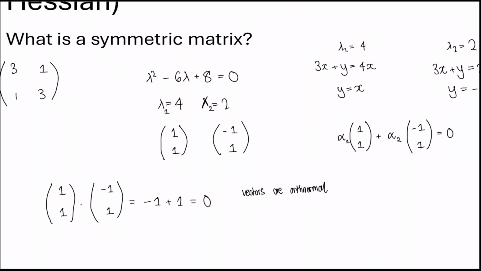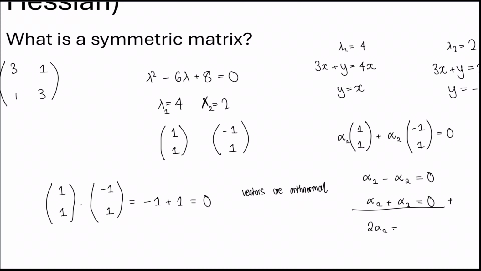So if we do that, we get alpha 1 minus alpha 2 is equal to 0, and alpha 1 plus alpha 2 is equal to 0. So that's just me expanding, or multiplying, the alphas by the vectors.